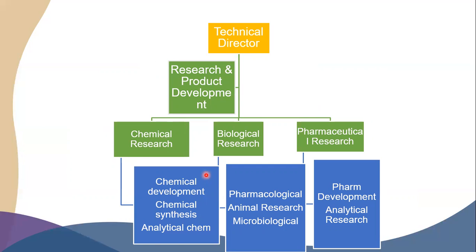So this is all sa research, the chemical research, this is more on the raw materials and active ingredients on a chemical level, no? Then you have your biological research. This is pharmacological, animal research, and microbiologicals. Then you have your pharmaceutical research. This is farm development and analytical research as well.